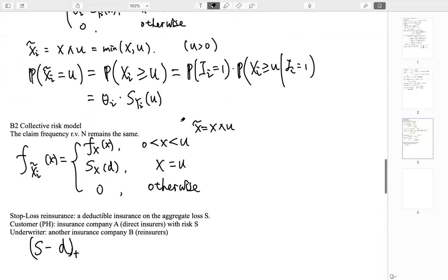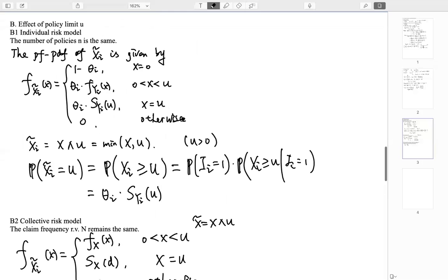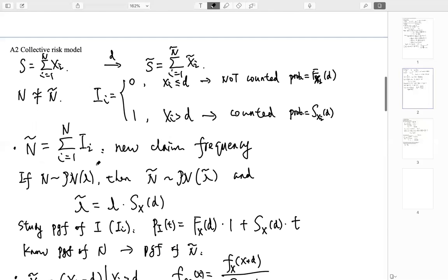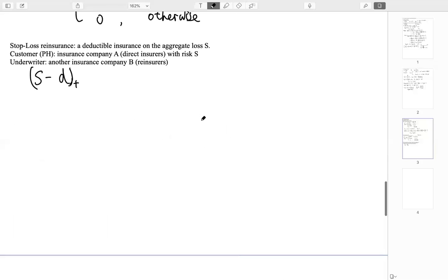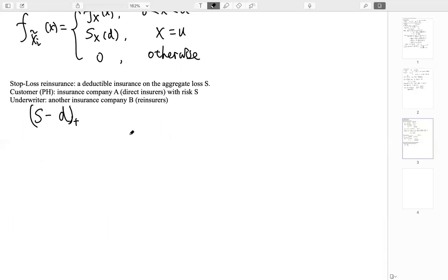When we apply deductible, it is a deductible on X, on each policy or each claim. But now we want to apply this deductible on the entire aggregate. That is the difference between a standard deductible insurance and the stop loss.